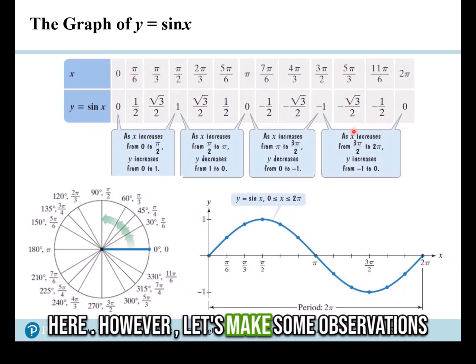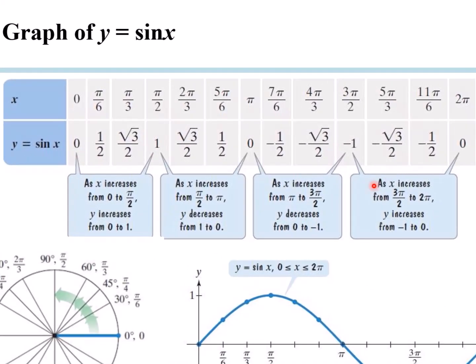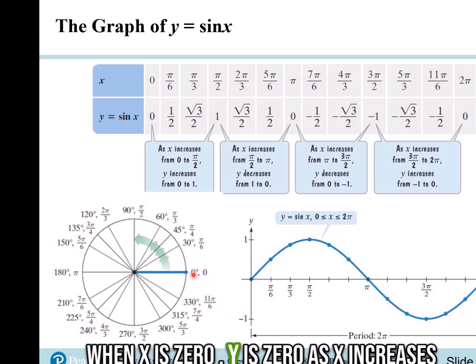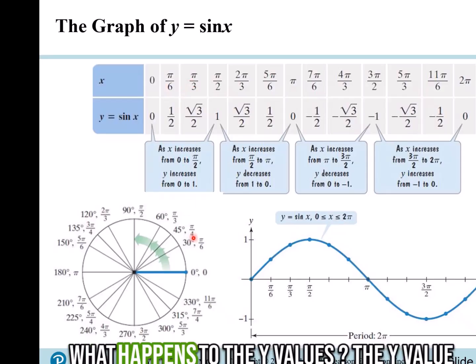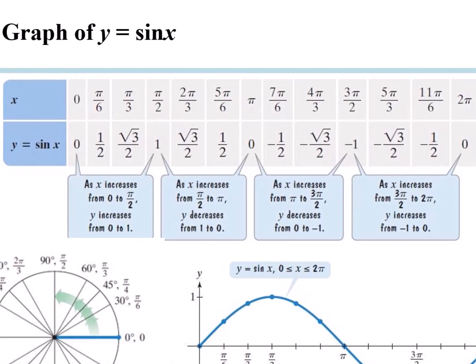However, let's make some observations on the y values. What happens to the y values for the different x values up here? All right. In this picture of the unit circle, when x is 0, y is 0. As x increases, pi over 6, pi over 3, what happens to the y values? The y value represents the vertical distance, correct?